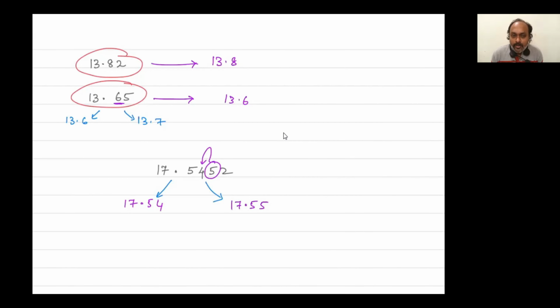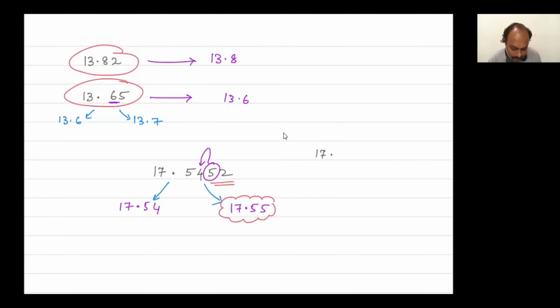Of course, 17.5452 is not equidistant to both. It is definitely closer to 17.55. Note the last two digits, 52. 52 is definitely closer to the next 100. So you will round it off to 17.55.